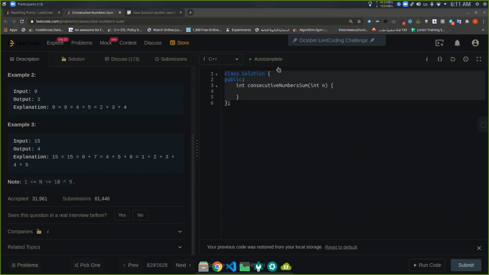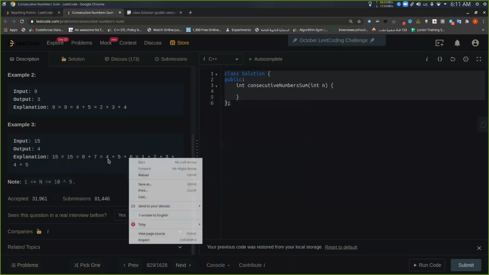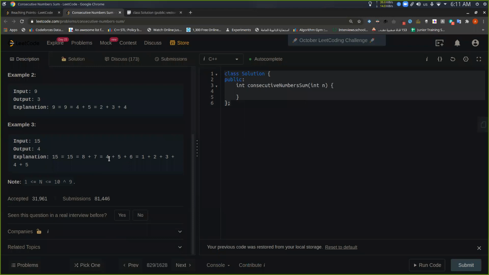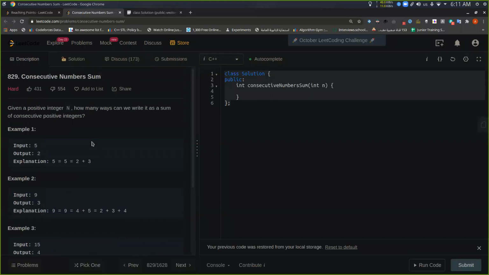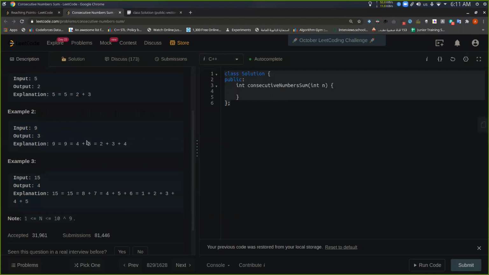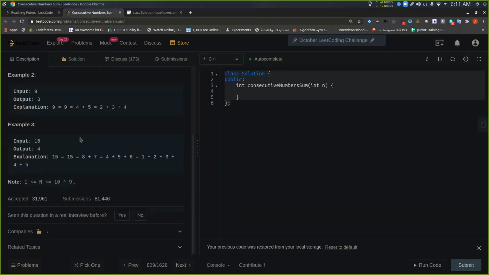I think this is again DP, I guess, because we need to check all the possibilities. Your voice is too low. Can you keep your mic closer? Yeah, I was saying this can be achieved through DP because we need to check all the possible values, right? So how do you think we can do it with DP?